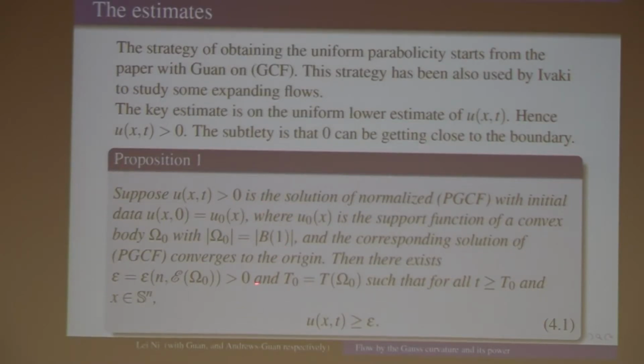The first estimate is the uniform lower bound of the support function with respect to the origin, which is the limit. You have to rule out the possibility that, even though the origin lies inside all the bodies, it can get closer and closer to the boundary. You want to rule that out. So that's the first estimate you need to establish.